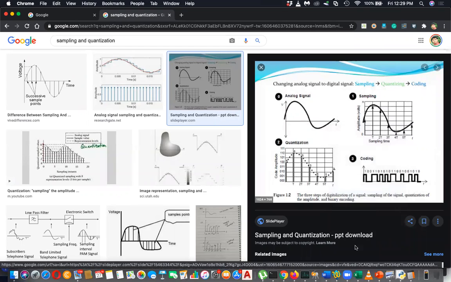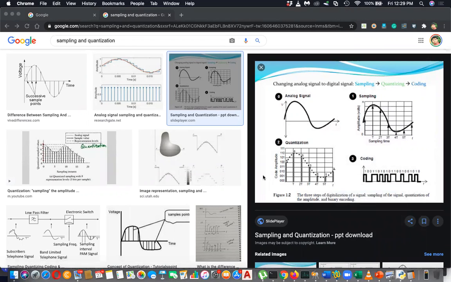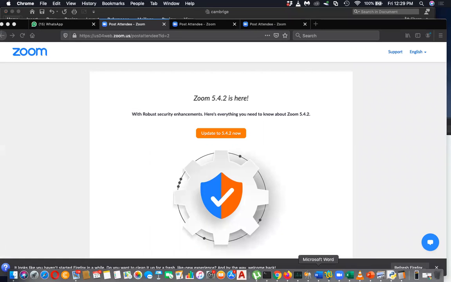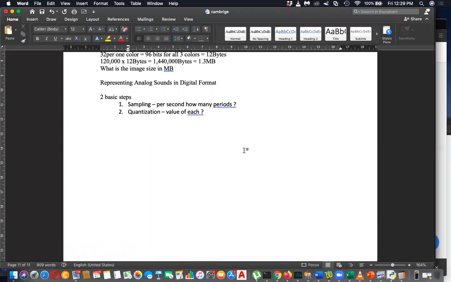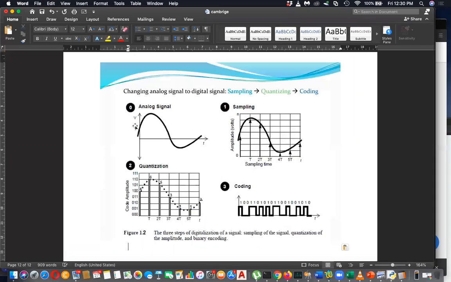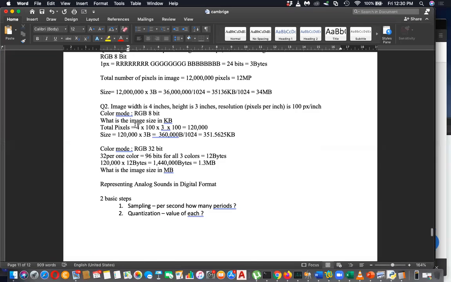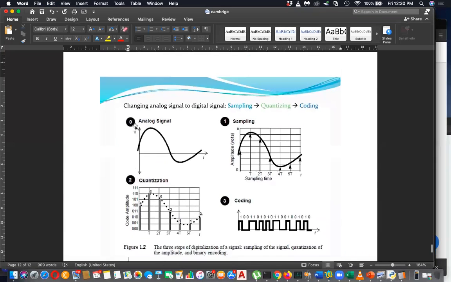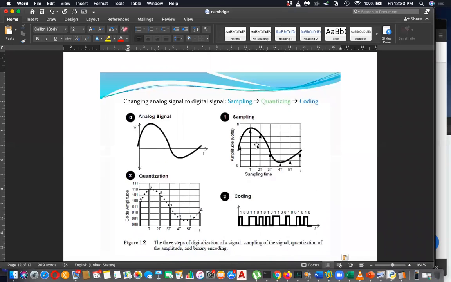I'm going to copy the image and paste it. Here, this is the analog signal.